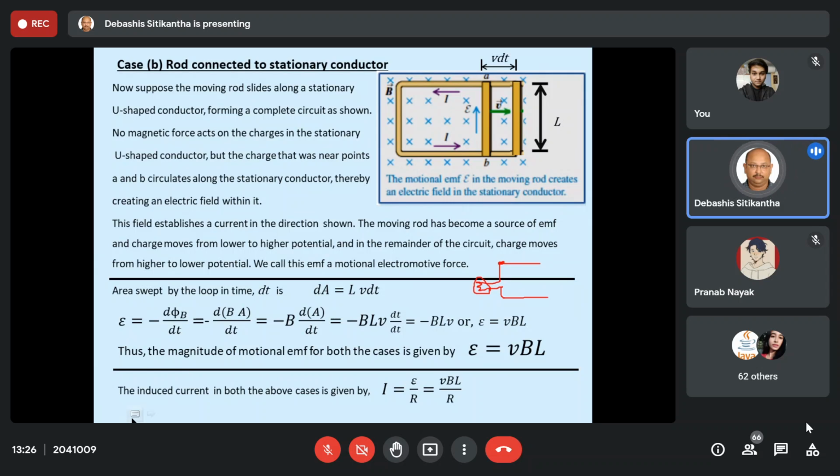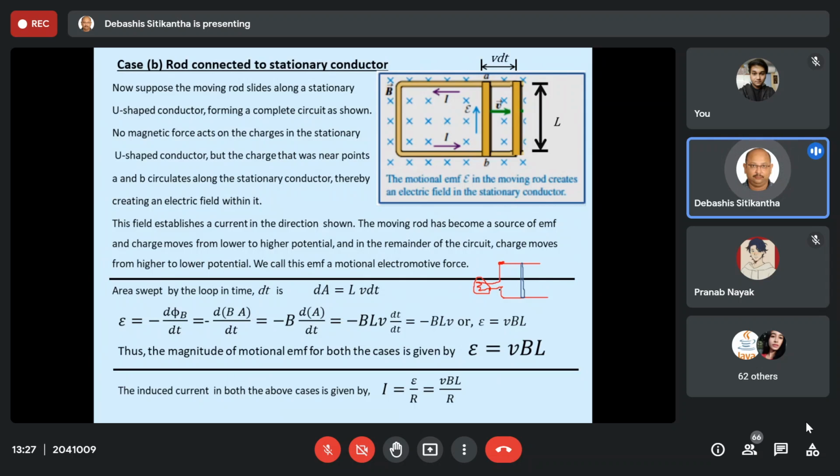Now let us say I will have this isolated conductor over here. And this isolated conductor can easily slide on these two conductors. So this is the first conductor, this is the second conductor, and if I connect this over here, then it is forming a U-shaped conductor.